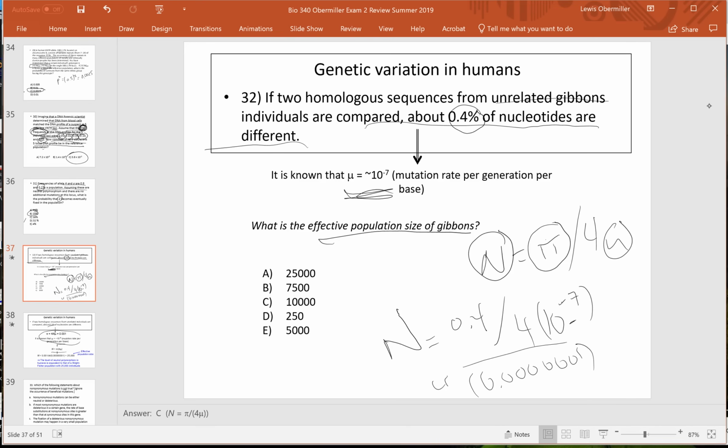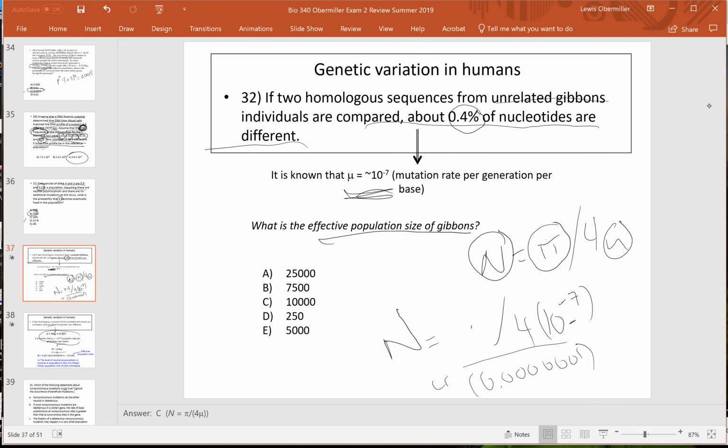All right, so 0.4 divided by 0.000004 equals... oh, that's 0.4%. I just made that 40%. That's not right.